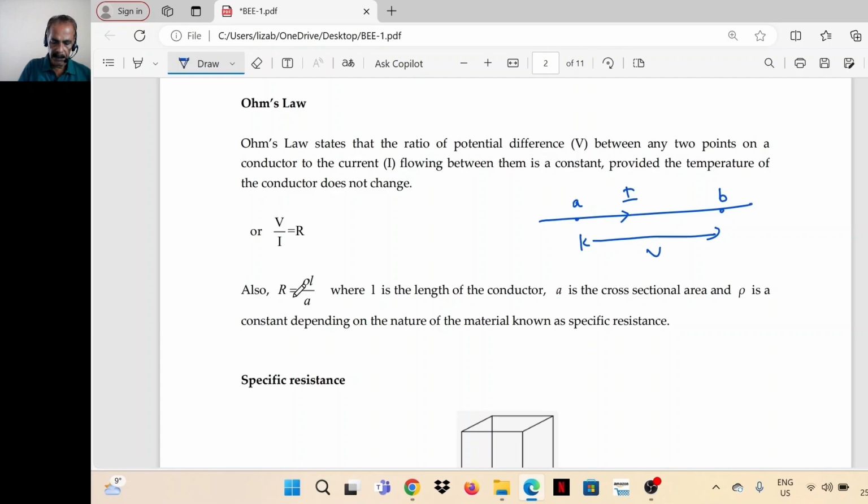Also there is another equation, R is equal to rho L by A. So resistance is directly proportional to the length of the conductor.